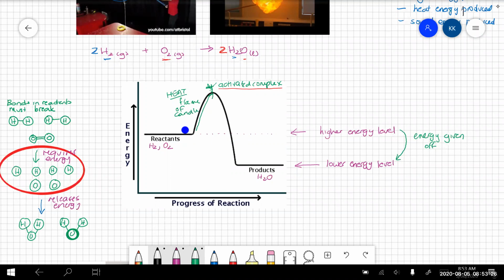Now, in this reaction, because we've gone from higher to lower energy level, we know that more energy was released in forming the new bonds for water than the energy needed to break the bonds of hydrogen and oxygen.